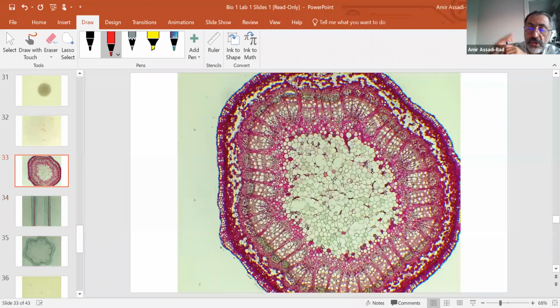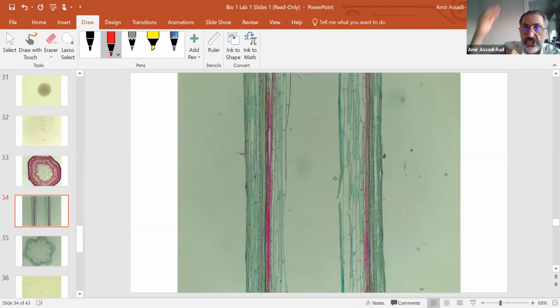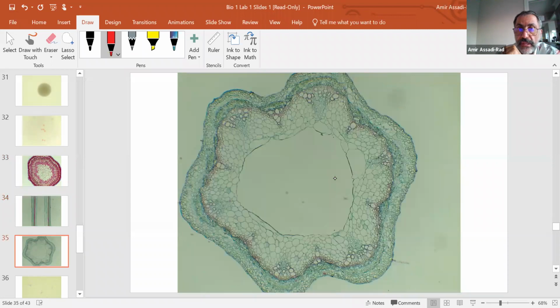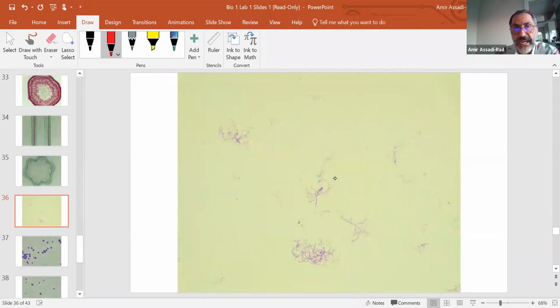The last one was a cross-section cut. This is a longitudinal cut, a cross-section of a different plant, but let's call it Tilia. I think I gave the name in your lab manual, but both of them are Tilia. I'm a little bit fuzzy on which one is which, but anyhow.